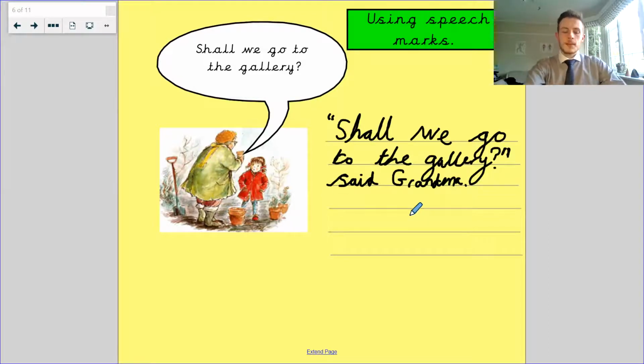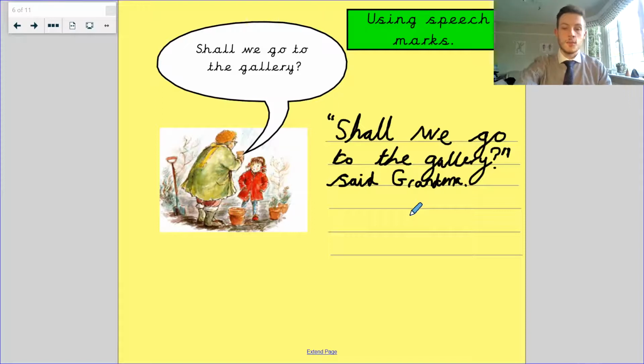Now, the one problem with saying said grandma is that when we've got speech, we need to tell the person who's reading who's talking. And every single time I read it, I hear said grandma, said Katie, said Mimi, said Zazu, said. I'm going to fall asleep. It's very boring.